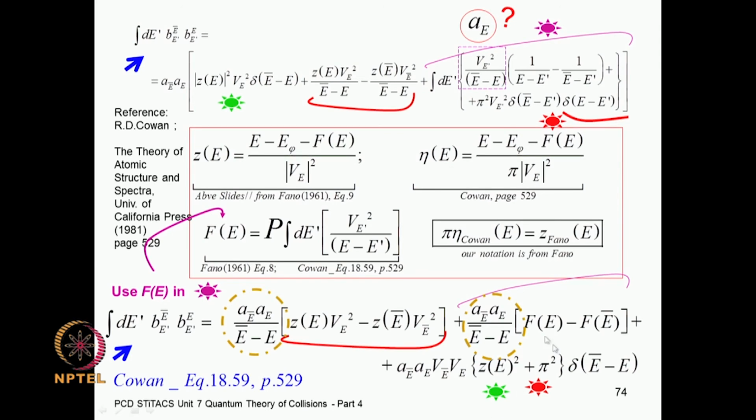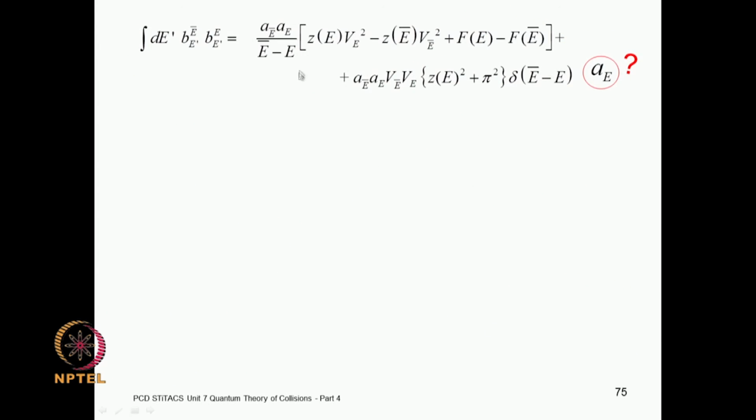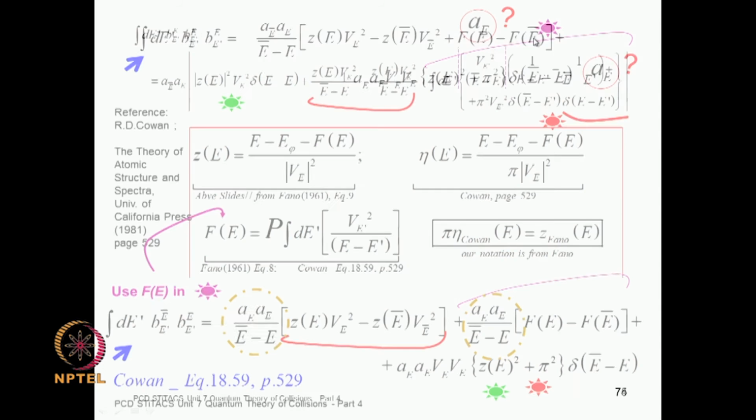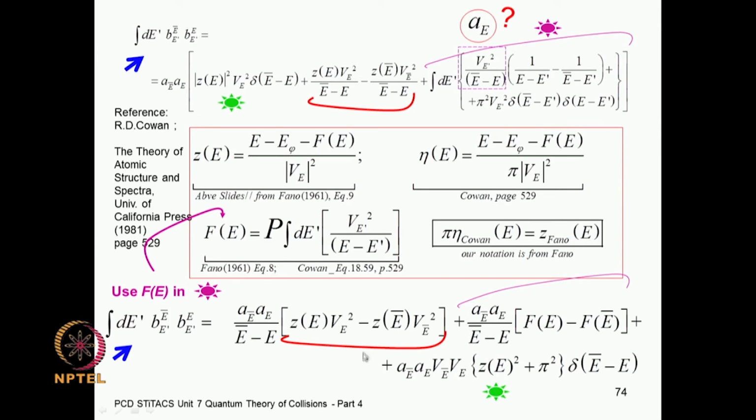Now you have this term as common in this factor, so we can factor it out, and I have factored it out and written the remaining 4 terms. They are now in terms of f and f e bar, and here I have z v square, and here I have z e bar v e bar square.